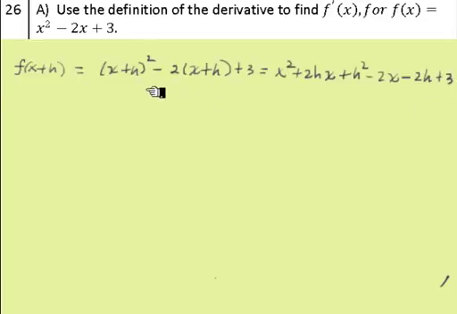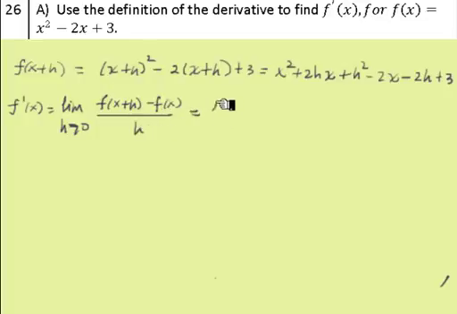Okay, and now let's look at the limit definition. Okay, so we have f prime of x equal limit h goes to 0. Okay, we just wrote out what f of x plus h is right here, all this.